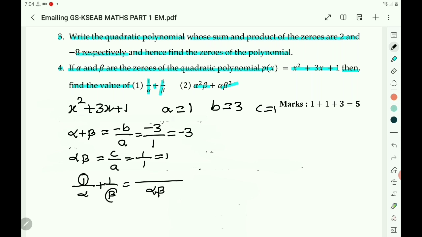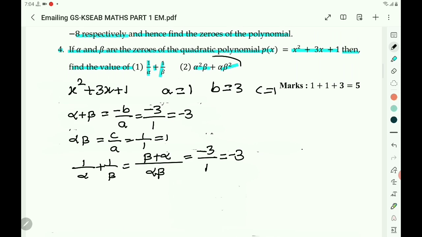And next 1 into beta is beta plus 1 into alpha is alpha, equals beta plus alpha, which is nothing but alpha plus beta, which is equals to minus 3, and alpha beta is 1, minus 3 by 1 is minus 3. Then you take this one, alpha square beta plus alpha beta square.